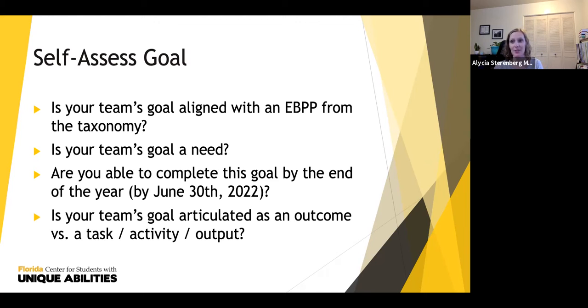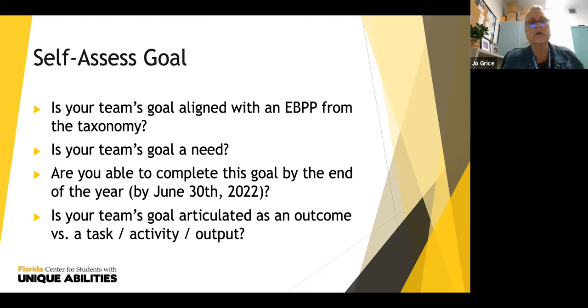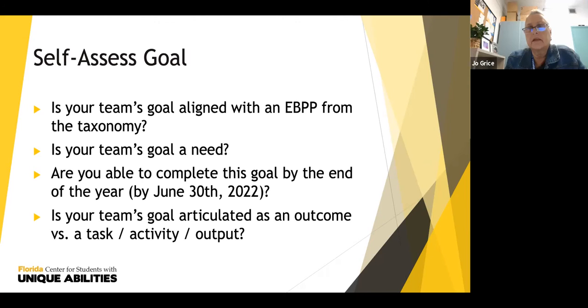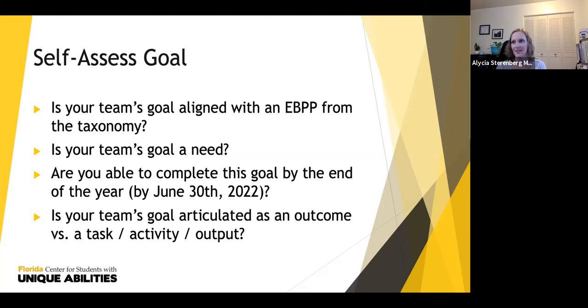Students demonstrate self-determination skills. You are on the right track. And it's not articulated as an activity like identifying or creating, so that seems like something you can measure at the end of the year. Right, because that would be the tasks that you just mentioned. Exactly. Anyone else willing to share?